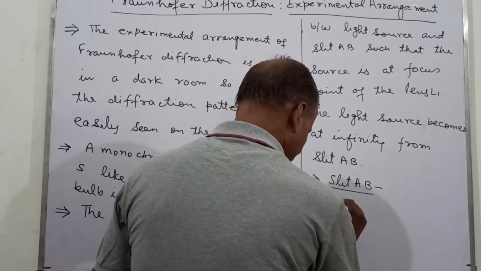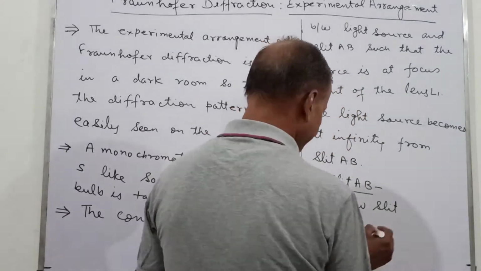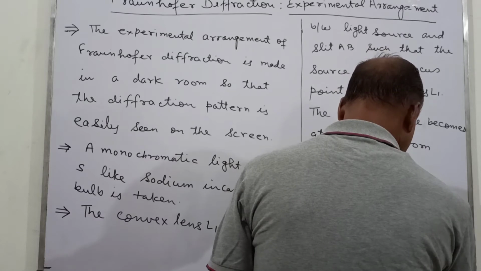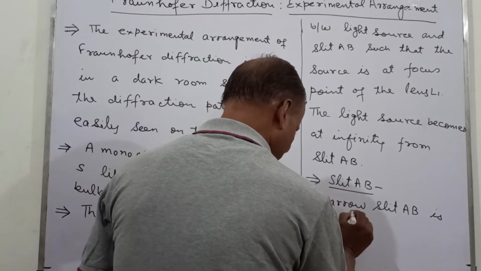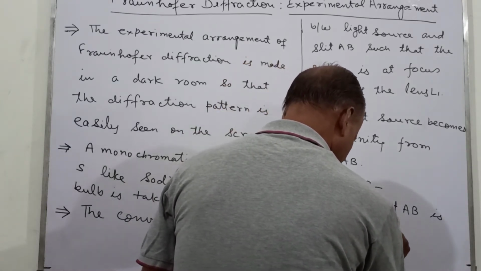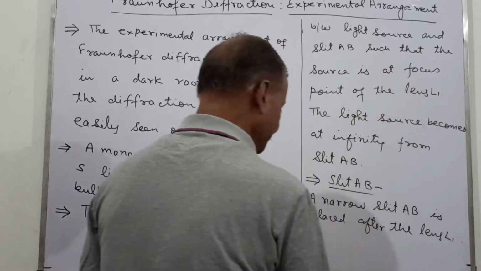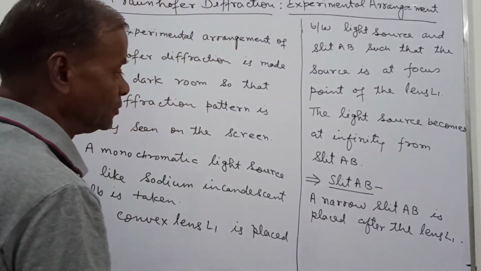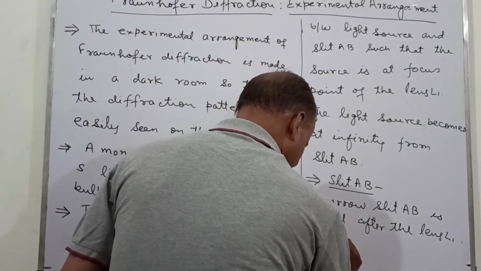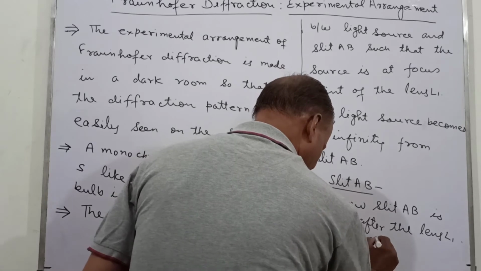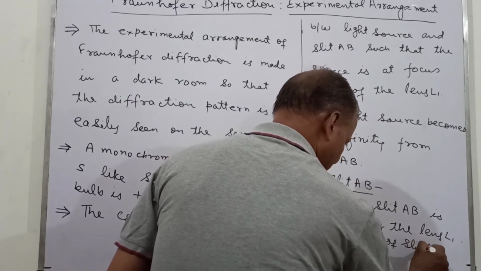A narrow slit AB is placed after the lens L1. So let the width of the slit AB be a.